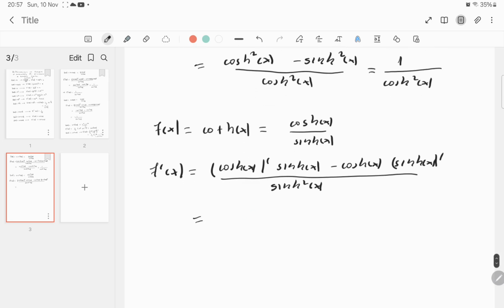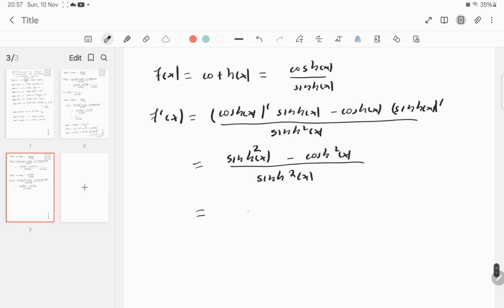The derivative of cos hyperbolic is sine hyperbolic, so it should be sine hyperbolic squared here, minus the derivative of sine hyperbolic, which is cos hyperbolic, so minus cos hyperbolic squared of x. The denominator is sine hyperbolic squared of x. This is minus 1 over sine hyperbolic squared of x.